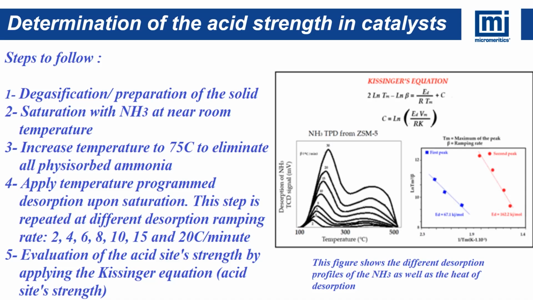As you can see, this is 162 kilojoule per mole, while the other one is 67 kilojoule per mole. So this gives us a very good evaluation of the acid site strength. As I said, the Kissinger equation is a very simple equation and can give us good information about the strength of acid sites on our support.